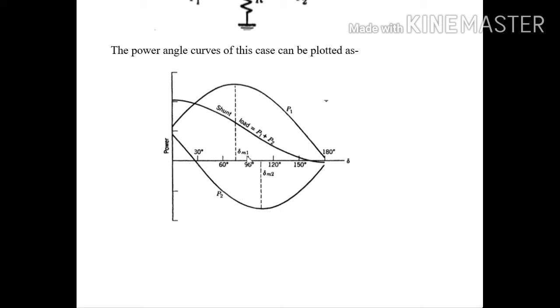Now what you observe here is that the maximum power for the generator side occurs at delta M1, which is less than 90 degrees, and the maximum power for the receiving end, that is the motor side, occurs at delta M2, which is greater than 90 degrees.